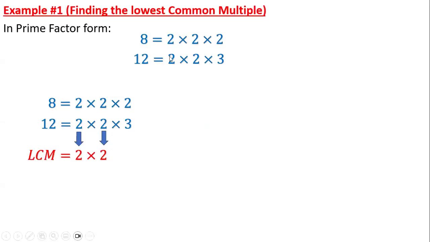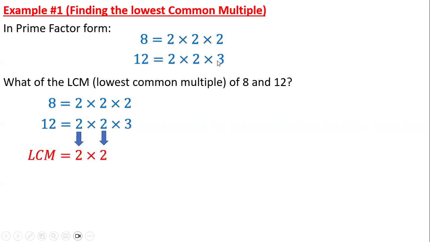So you already have in prime factor form, we have 8, which is 2 times 2 times 2. We have 12, which is 2 times 2 times 3. And they want us to figure out what is the lowest common multiple of 8 and 12. So again, we do the same thing.